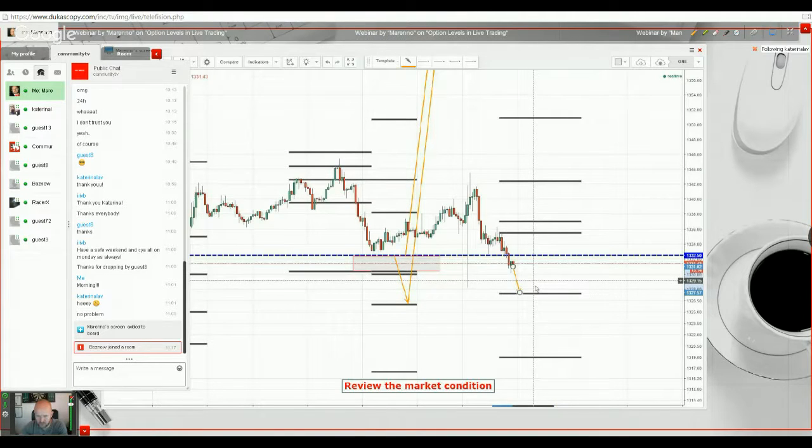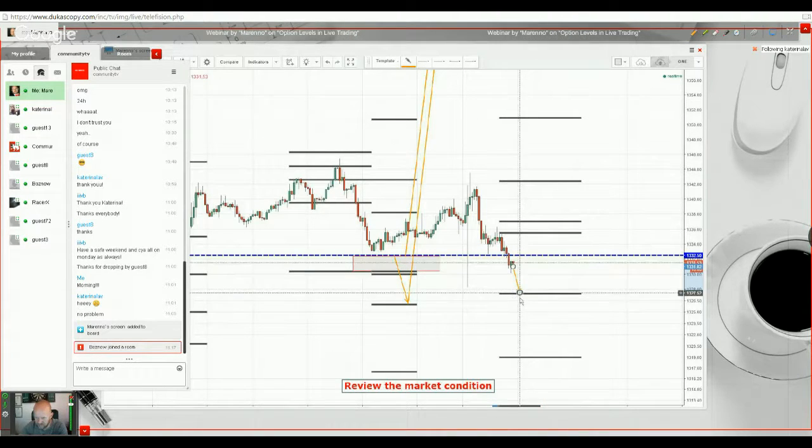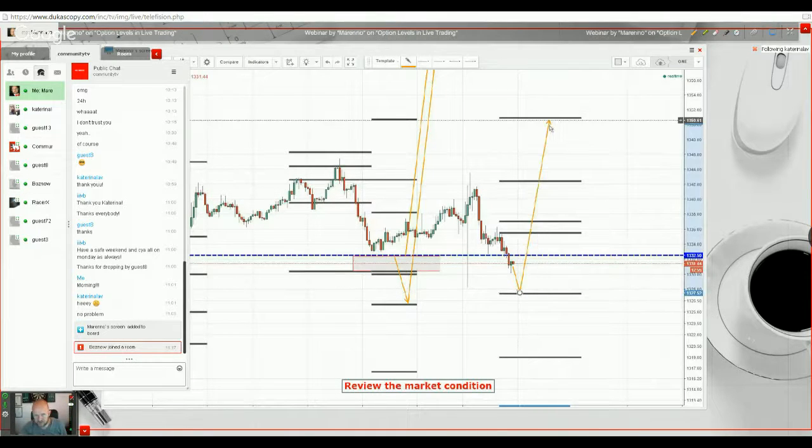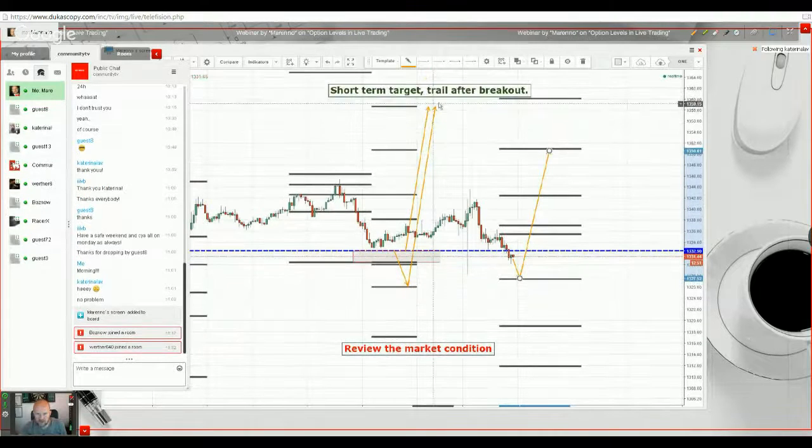Okay, so what I do expect, the price will continue its down movement towards 1327, and then I will try to buy it from here. That's something I'm going to do, with a target just around here.